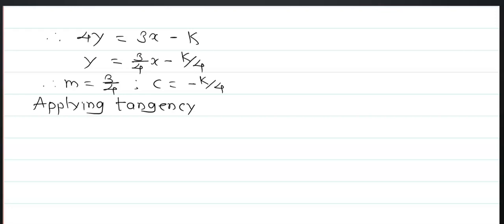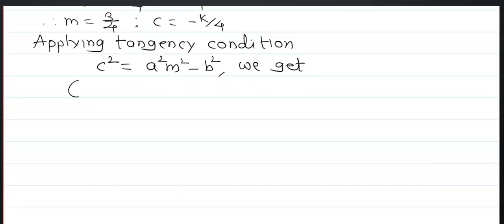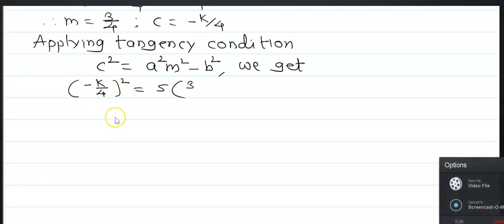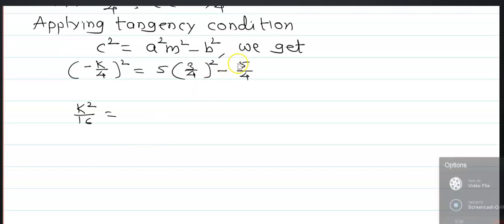Applying the tangency condition, c square equals a square m square minus b square, we get c, that is minus k by 4 whole square, equals 5 into 3 by 4 whole square minus 5 by 4.